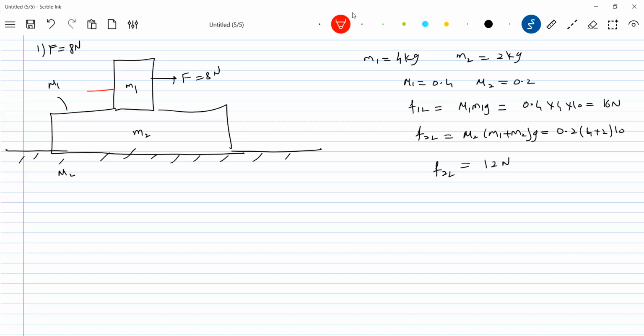So here F1, F1, and this frictional force, let it be F2. What is the applied force? 8 Newton. So here how much will it take? 8 Newton, 8 Newton. What is the limiting friction? Second, 12 Newton. So definitely this 8 Newton cannot overcome. Keep it here.